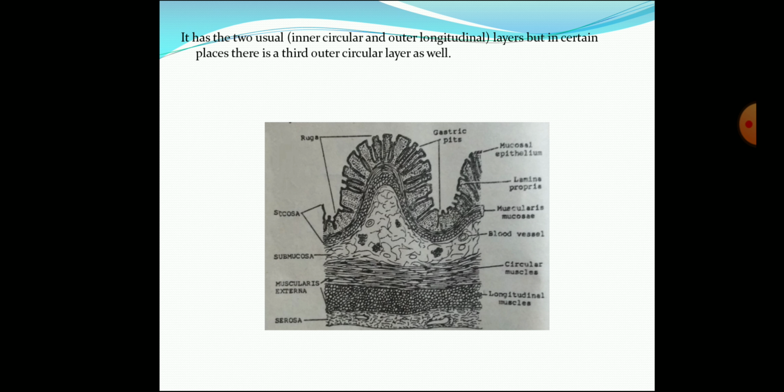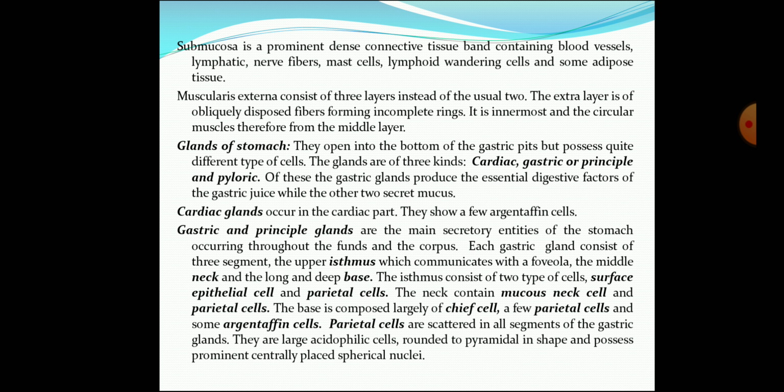The glands of the stomach are highly developed. They open into the bottom of the gastric pits but possess different types of cells. The glands are of three kinds: cardiac, gastric or principal, and pyloric.